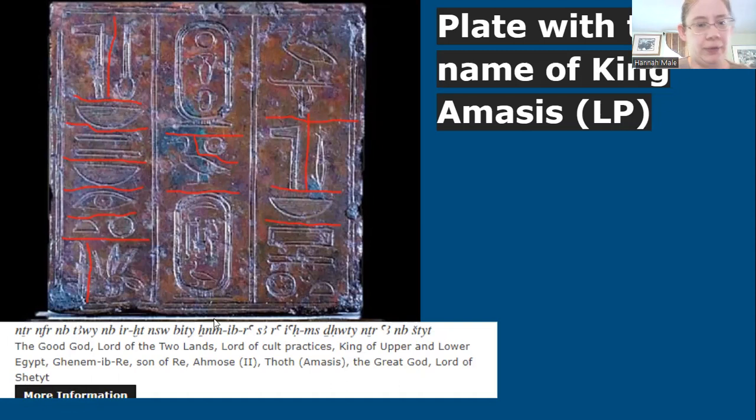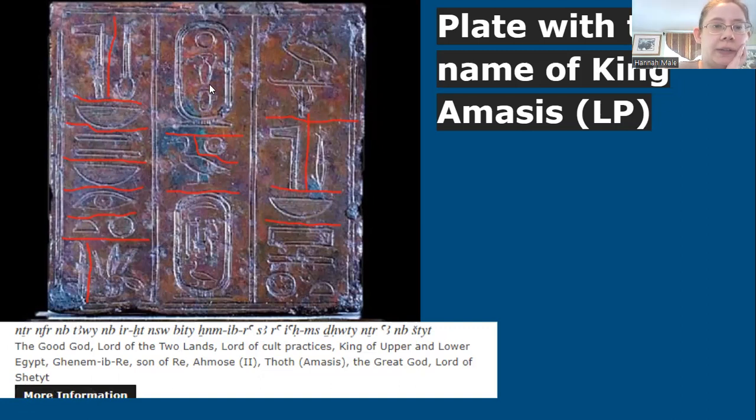And so then you have basically one of the names of this ruler. So starting here to here, and that's the Gen Jeb Ray or Ra. So what's in the cartouche here.